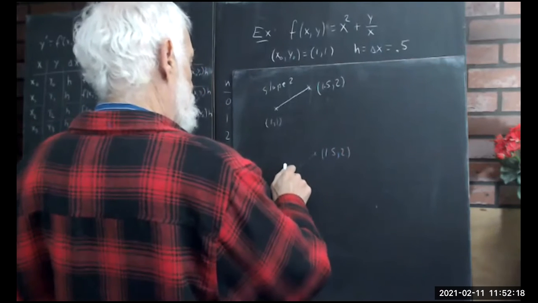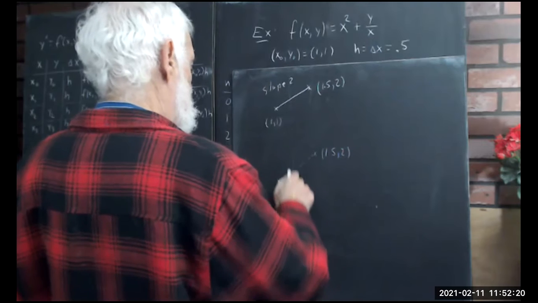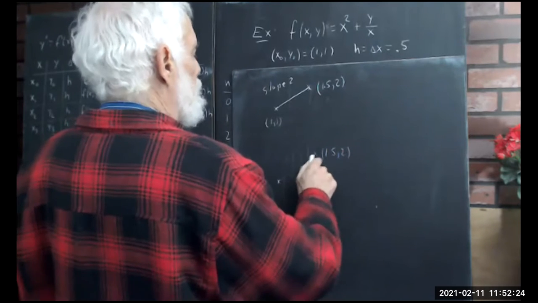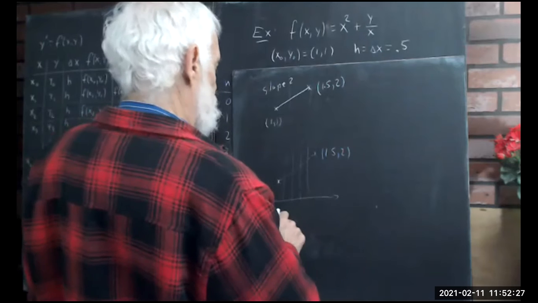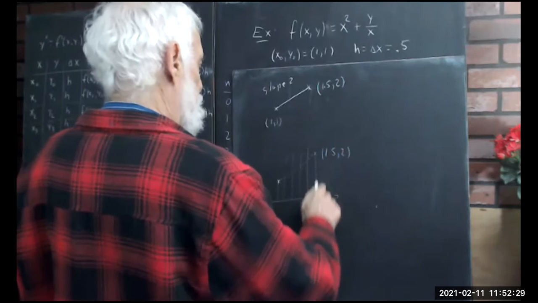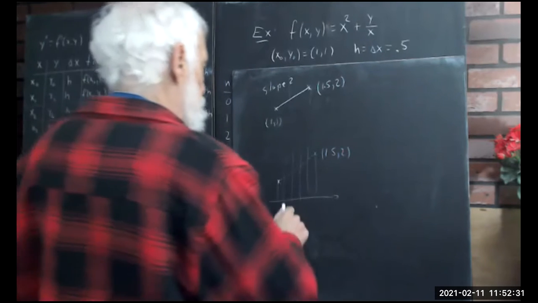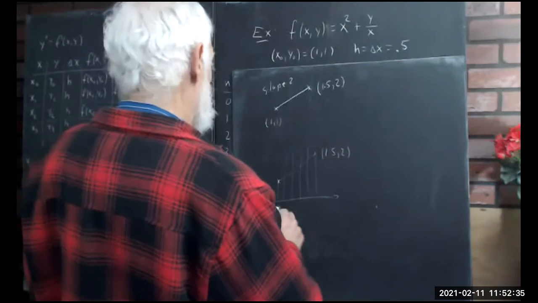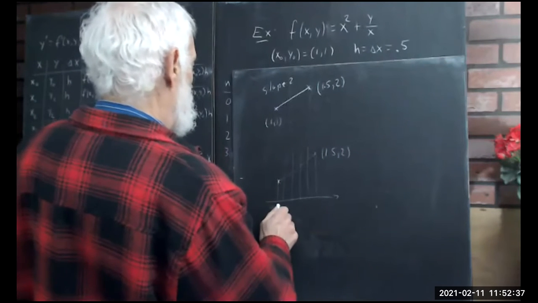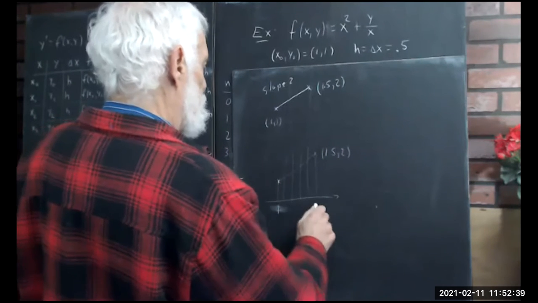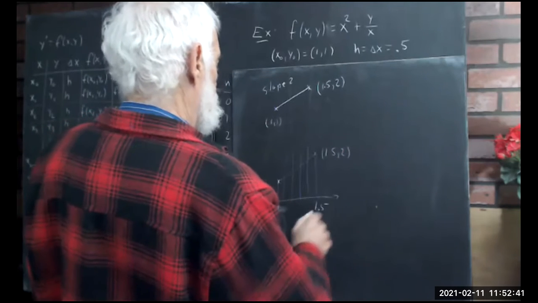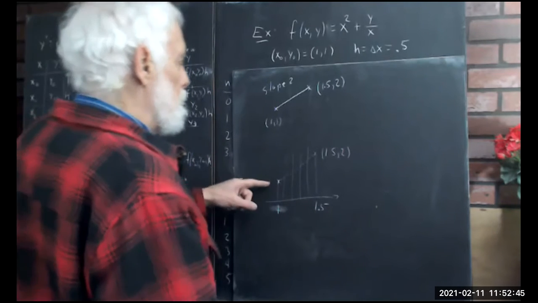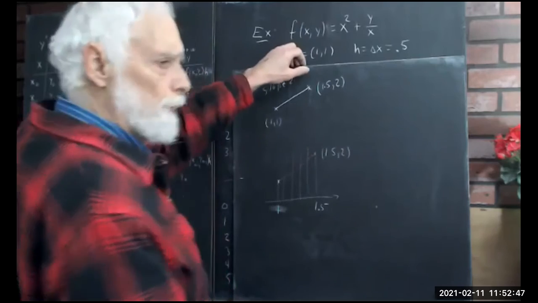I can break this interval into 5 subintervals on the x-axis. And on this first interval, so here's 0, here's 1, here's 1.5. On this first interval, what slope did we get?